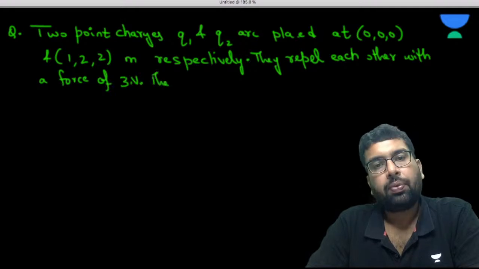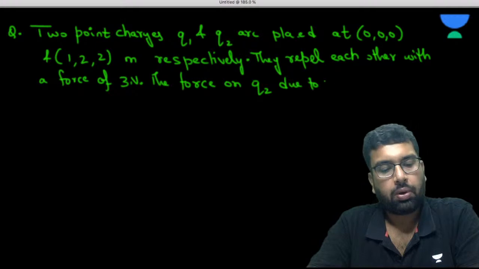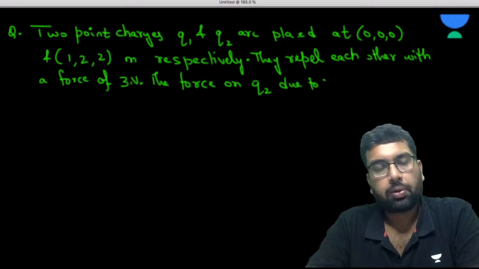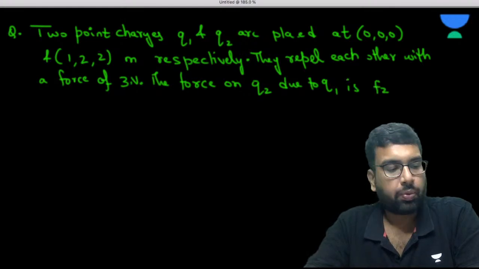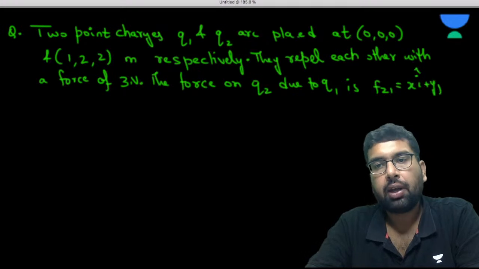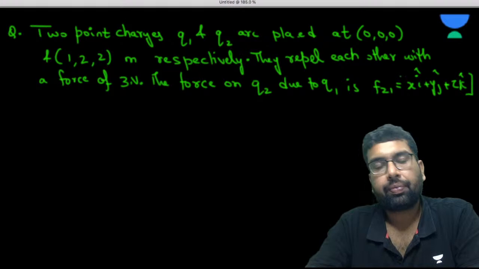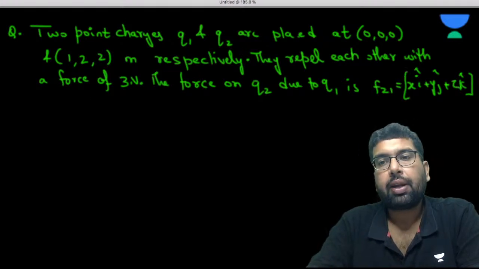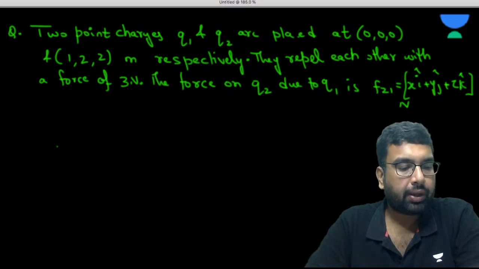The force on Q2 due to Q1 is F21 equals xi plus yj plus zk Newton.